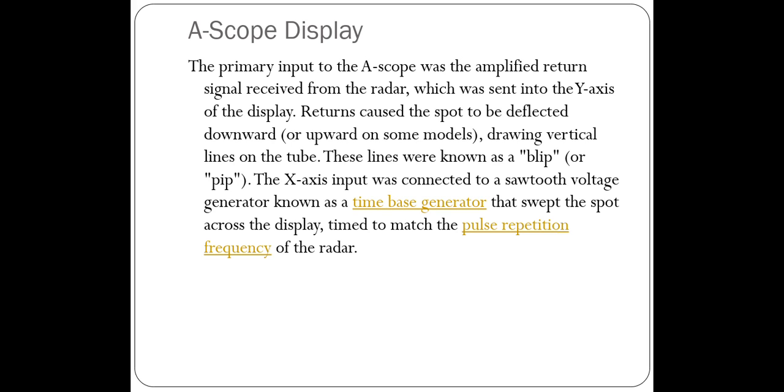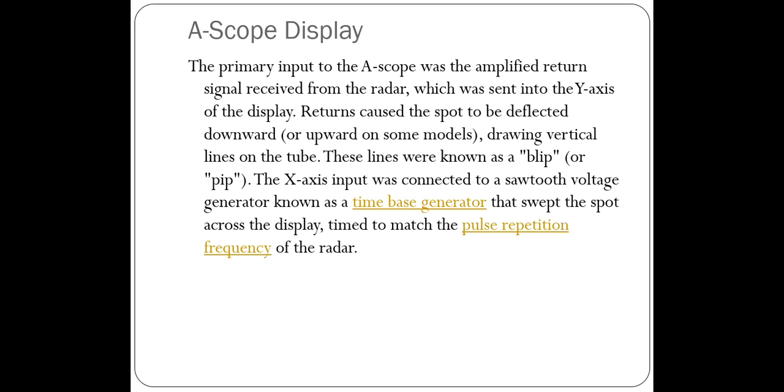Now we'll see the next type of scope, that is the A scope display. The primary input to the A scope was the amplified return signal received from the radar, which was sent into the y-axis of the display.